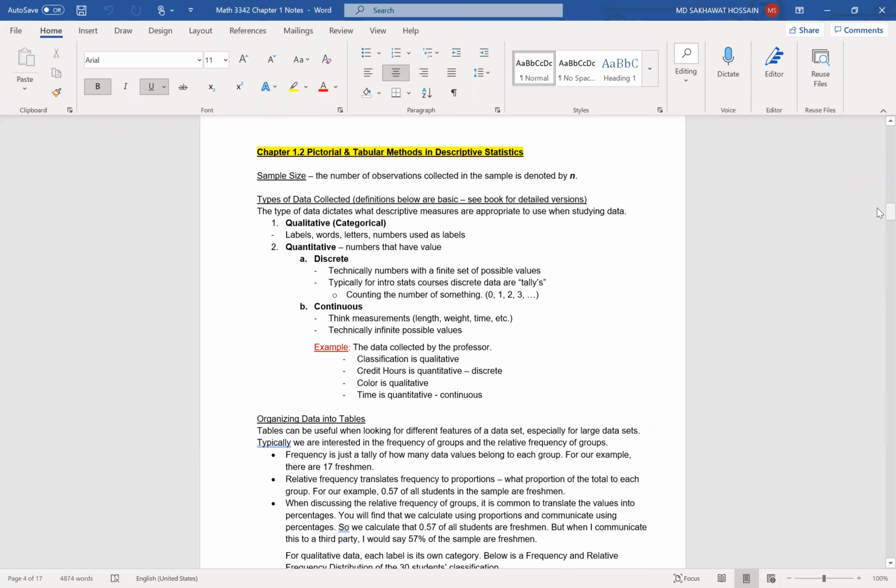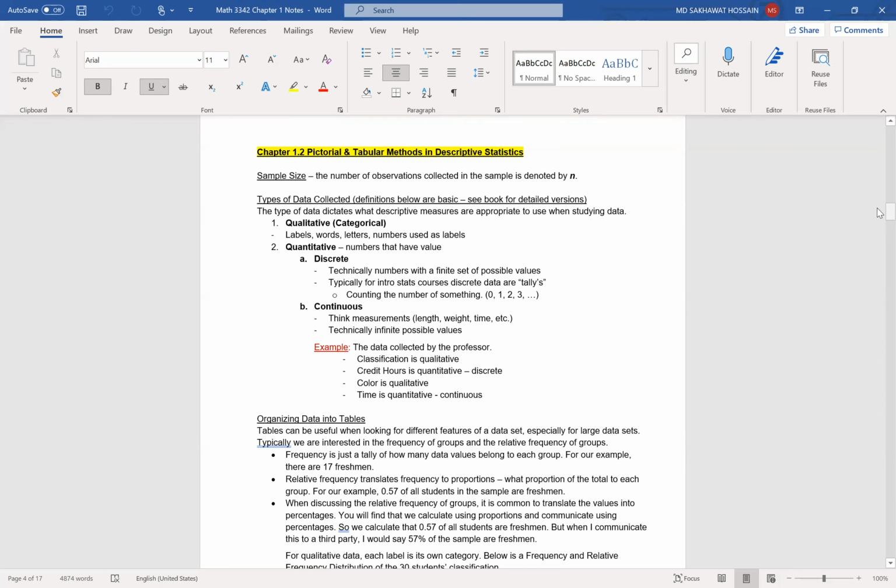Okay, so for the data we collect, there are different types of data. First we divide into two types: the first one is qualitative and the second one is quantitative. And quantitative data has also two different types, discrete and continuous. So what is discrete? Discrete data has a finite set of possible values.